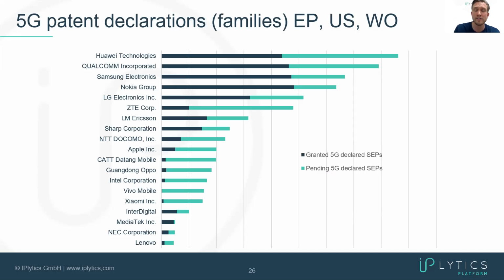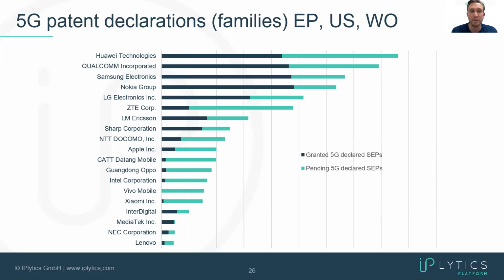Interesting, as we are based in Berlin, many of you are Europeans, I guess. You see, there's not so many European players anymore. We have Nokia and Ericsson, but more and more the landscape of standard essential patent owners is going towards the Asian markets, right? And we already see here in this list Vivo and Xiaomi from China, MediaTek from Taiwan.